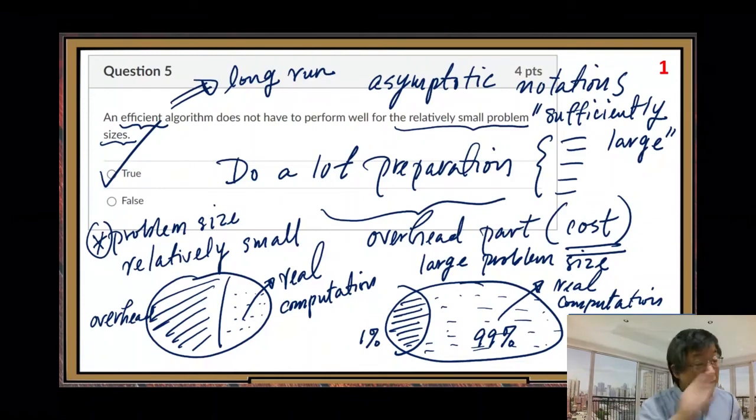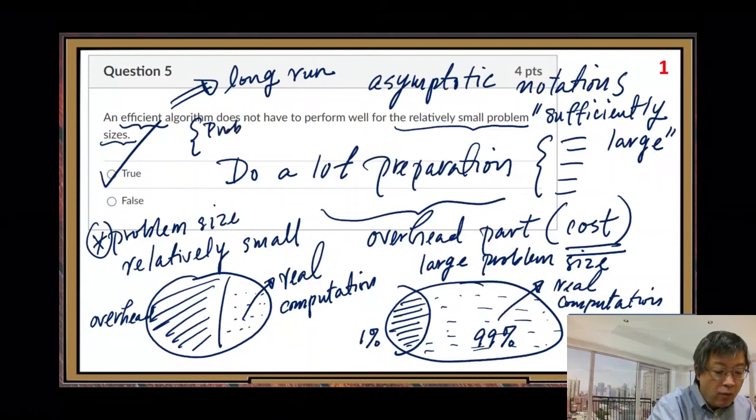For example, in order to talk about this concept in relation to the given problem, for problem 1, 10 is sufficiently large.